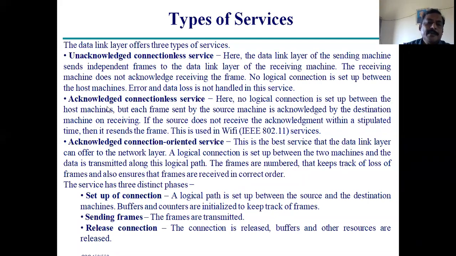So the sender gets the acknowledgement; acknowledged means guaranteed information. Okay, connection oriented information: a physical connection is established between the sender and receiver. Okay, there are 3 types of services available in the data link layer.